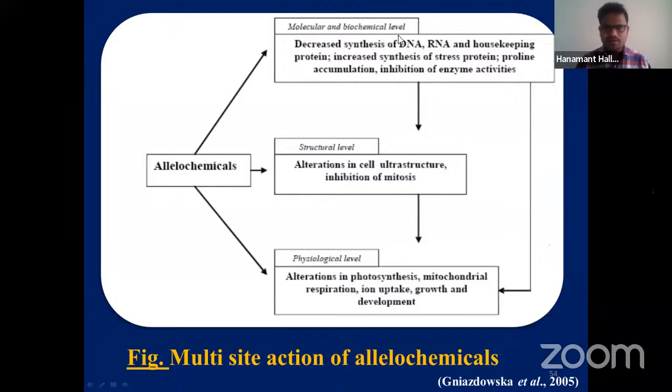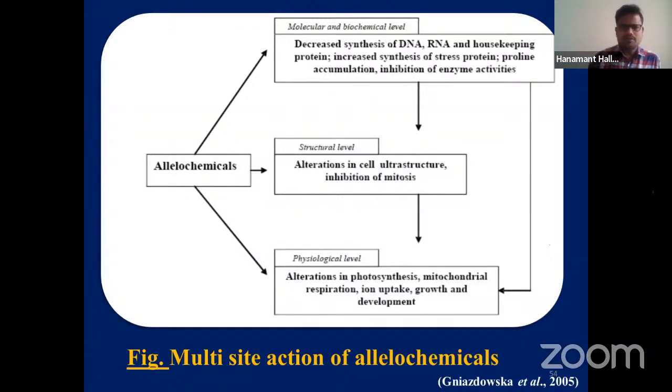At the molecular and biochemical level, there is decreased synthesis of DNA, RNA, and housekeeping proteins, then increased synthesis of stress proteins such as proline accumulation, and inhibition of enzyme activity. So through these different mechanisms, the activity of the receiver plant will be reduced.